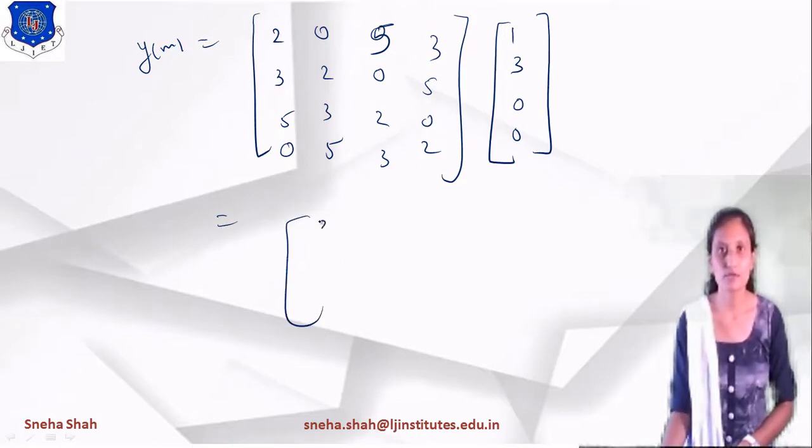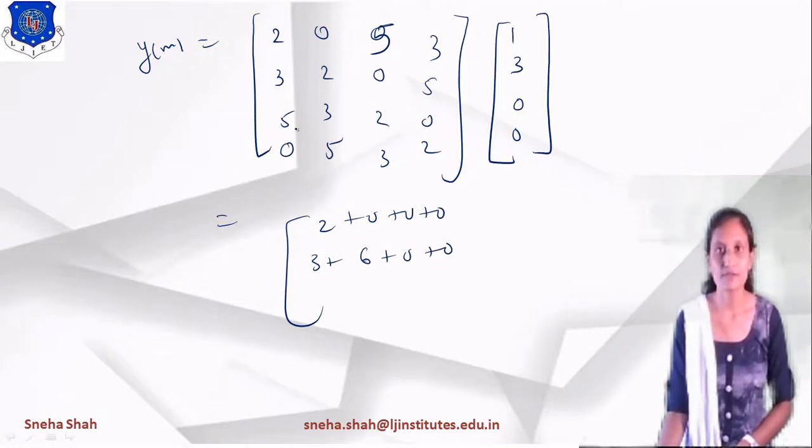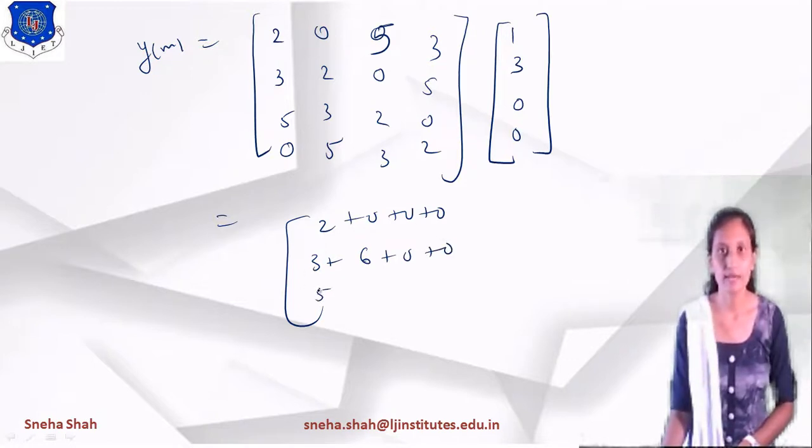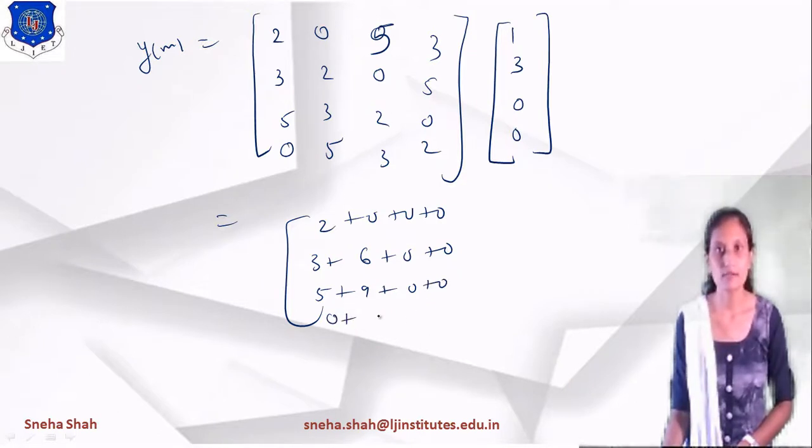2 into 1 means 2 plus 0 plus 0 plus 0. Now 3 into 1 means 3 plus 3 into 2 is 6 plus 0 plus 0. Next is 5 into 1 means 5 plus 9 plus 0 plus 0. And the next term is 0 plus 15 plus 0 plus 0, right?